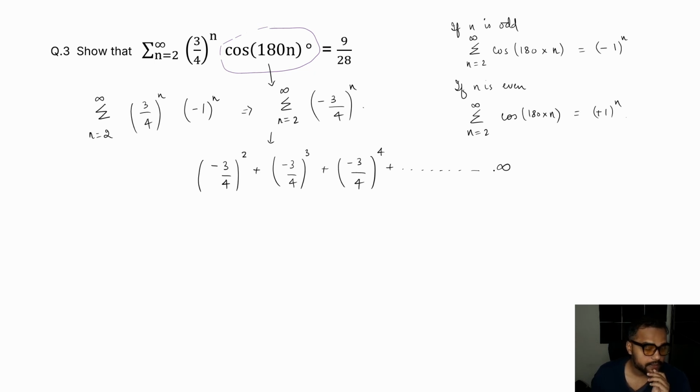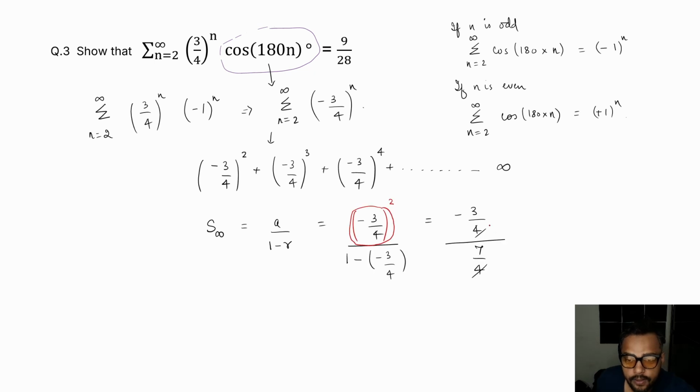Why have I written this? You can see here that this is forming a geometric progression and it is going till infinity, meaning what we need to do is find the sum of the infinite terms, that is equals to a by 1 negative of r.